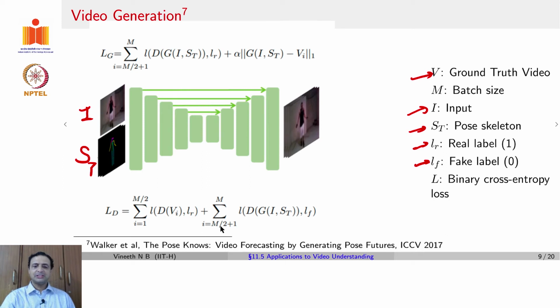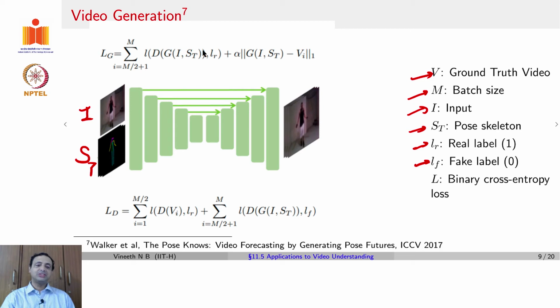What are these summations here? These summations are over a mini batch whose size is M. So 1/2 of the mini batch are real videos, ground truth videos, and the other half of the mini batch are generated videos, which are given by this term. This is what the discriminator tries to do.